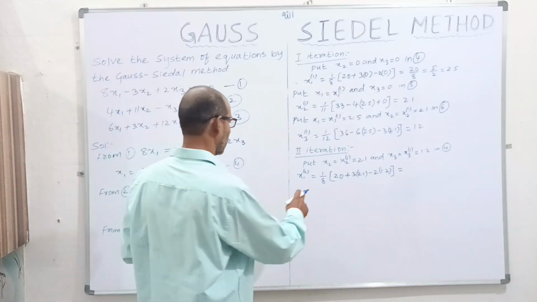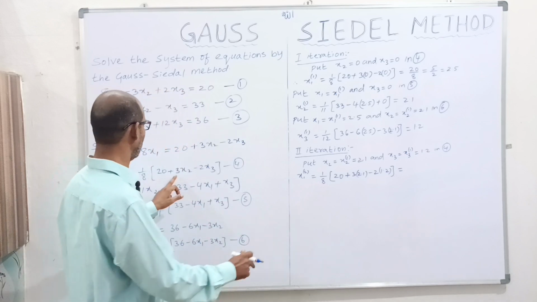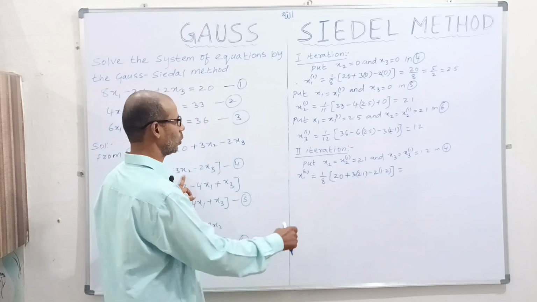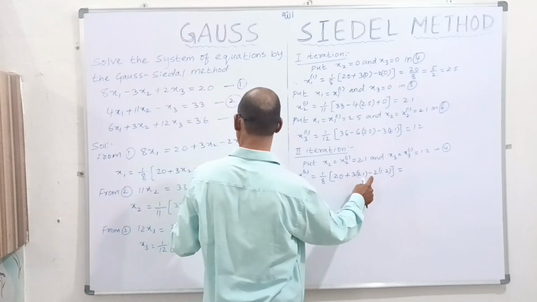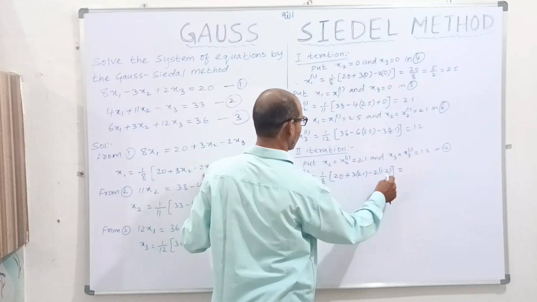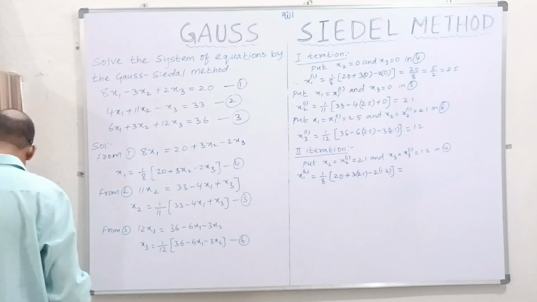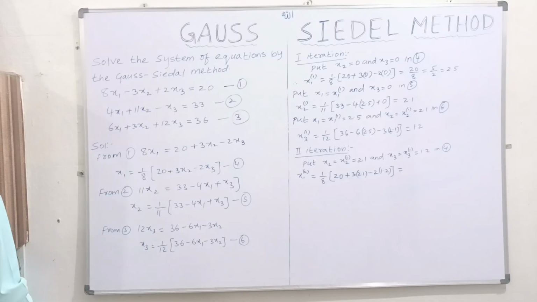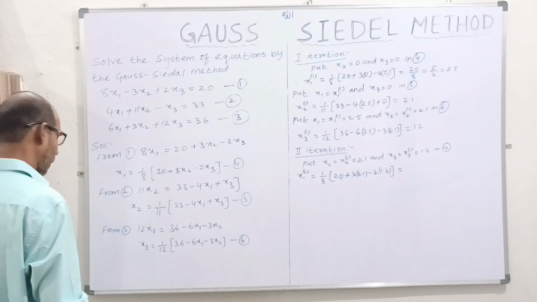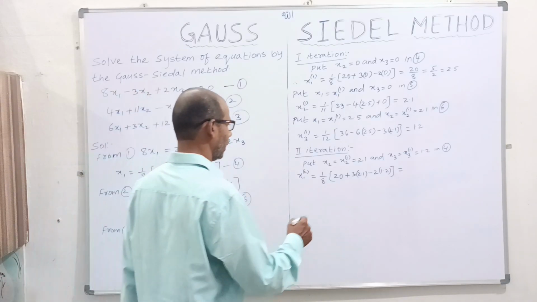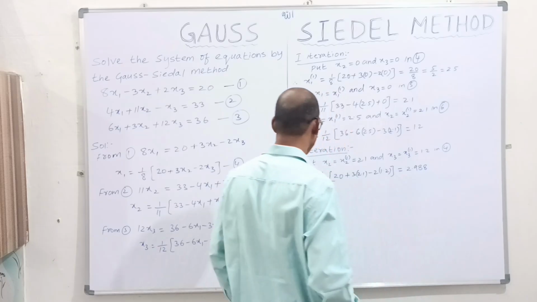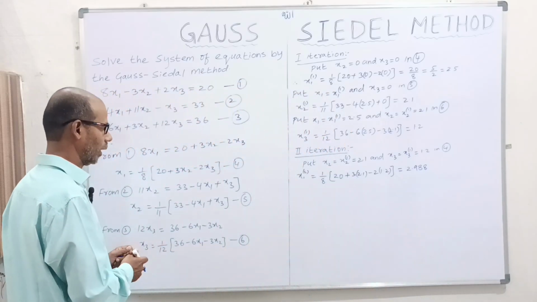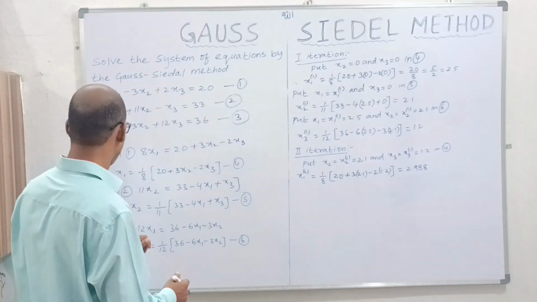So x1 is 1 by 8 times (20 plus 3 into 2.1 minus 2 into 1.2). On simplification we get x1 as 2.988.